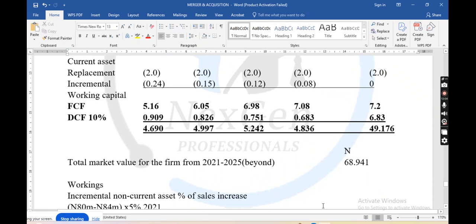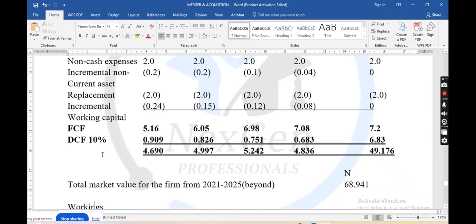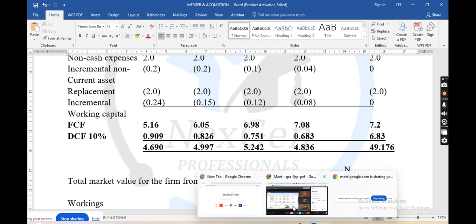Unless the cost of equity is given to you, then you know you have to use free cash flow to equity. But in this question, just the weighted average cost of capital is given.